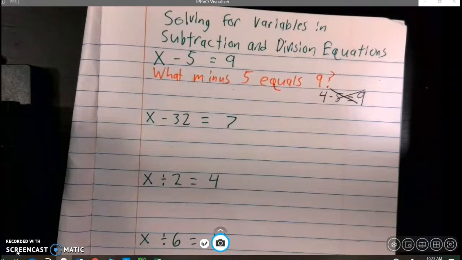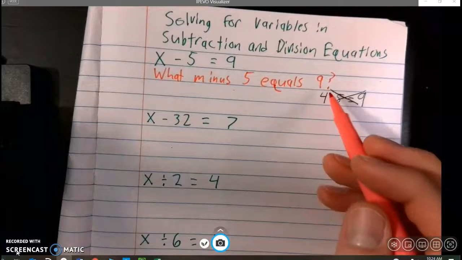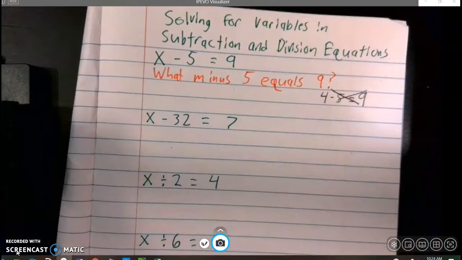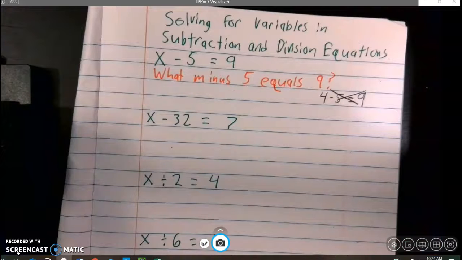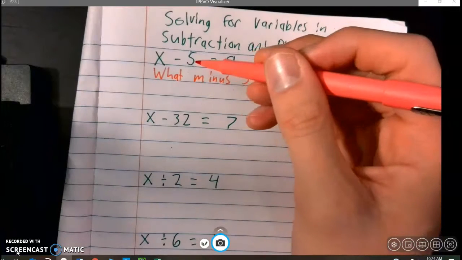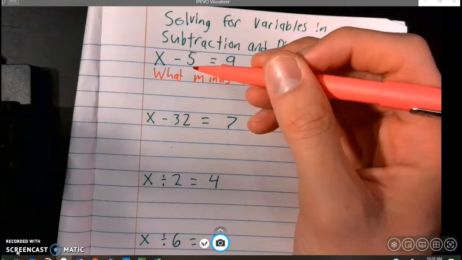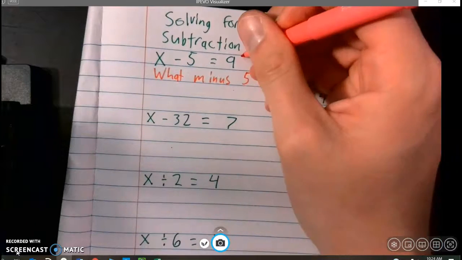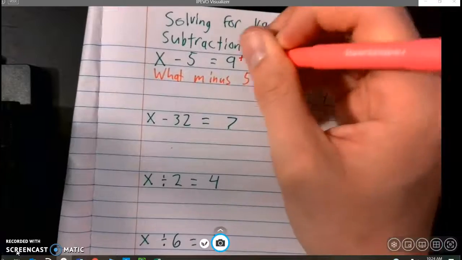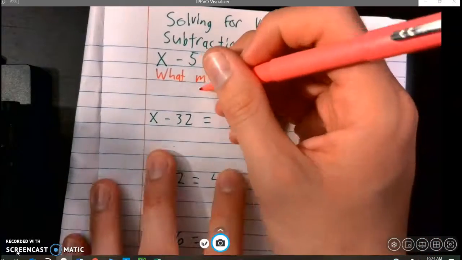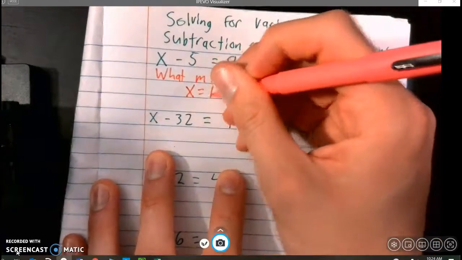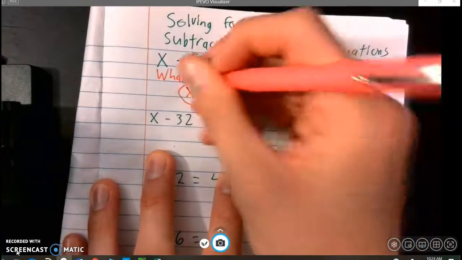So, what minus 5 equals 9? The answer must be bigger than 9 if it's losing 5 and still being 9. Whenever we solve for a missing value, we use inverse operations. If this is minus 5, then we add 5 to 9, and I would get 14.